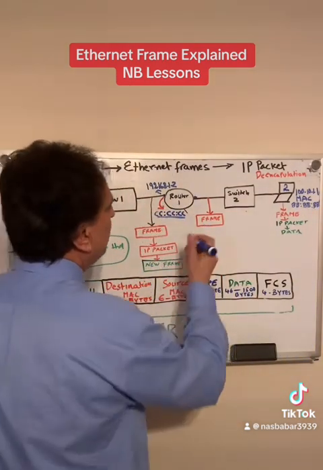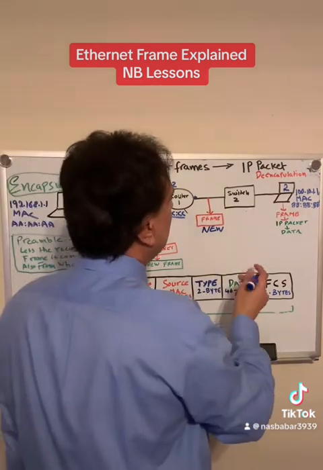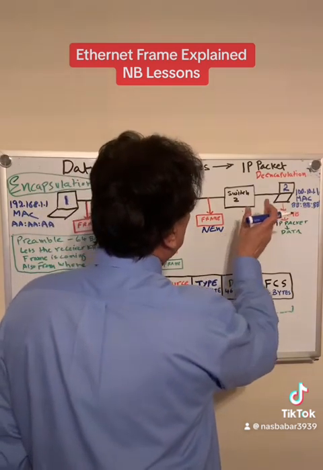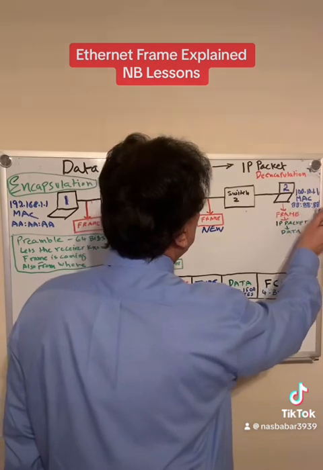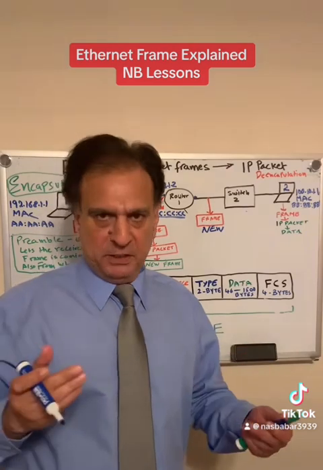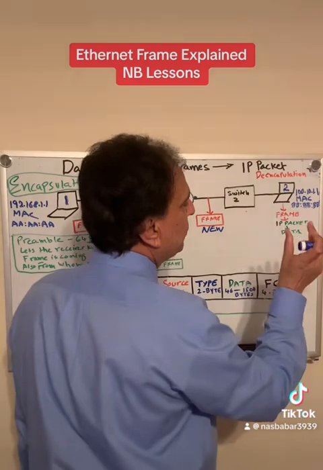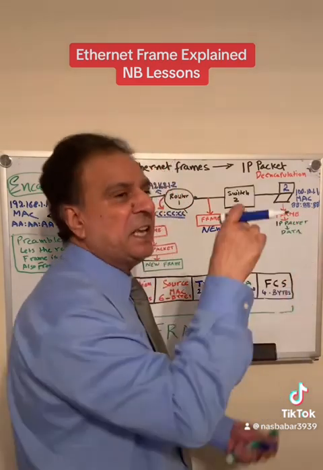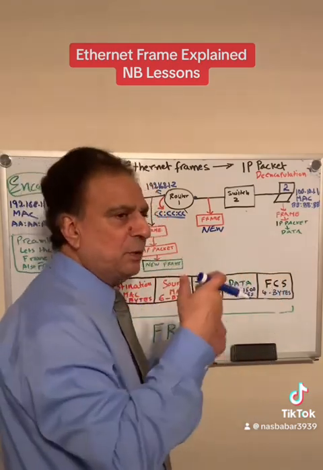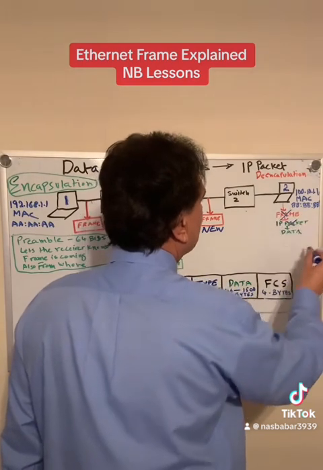It puts it on the wire, switch 2 gets it, switch 2 looks at it, and it sees a destination MAC address of BB, and switch 2 knows because it has the MAC address table in there. It sends it to laptop number 2. Laptop number 2 receives the frame. It basically de-encapsulates, takes the IP packet out, and then takes the data out and presents it to the user, and we are done. After that, this frame and this IP packet are discarded.